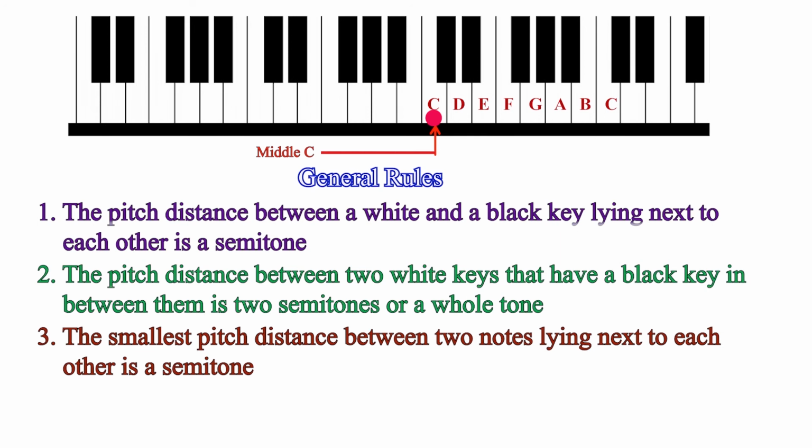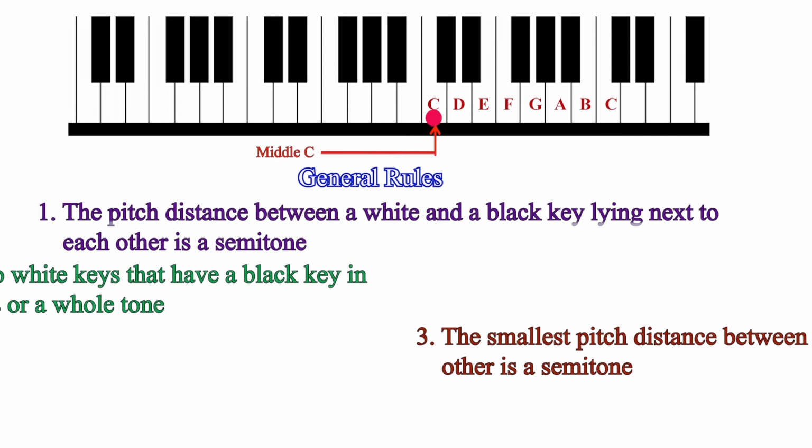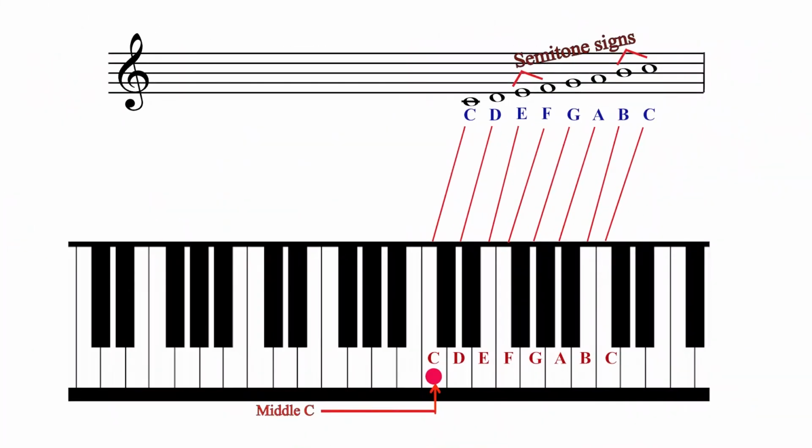We shall now see how we can place tones and semitones on the staff. The diagram shown indicates to us where the tones are and where the semitones are. According to the knowledge we have gained, we expect semitones between B and C and E and F. The sign shown is used in music to indicate where semitones exist.